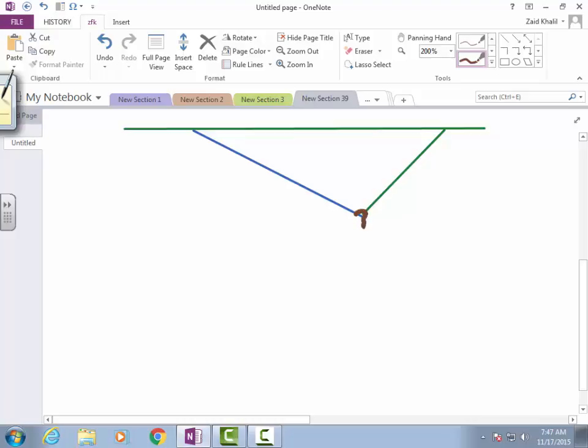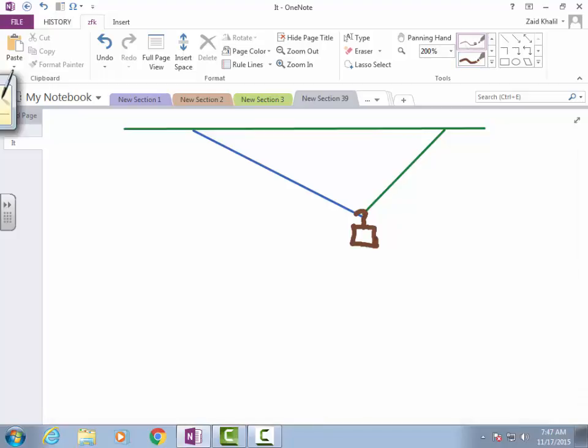Same tension? Yes, no, maybe so. And the answer is, we will see. Don't suppose anything. So what do you do, guys? On the mass. That's right. So you do a free body diagram on the mass.